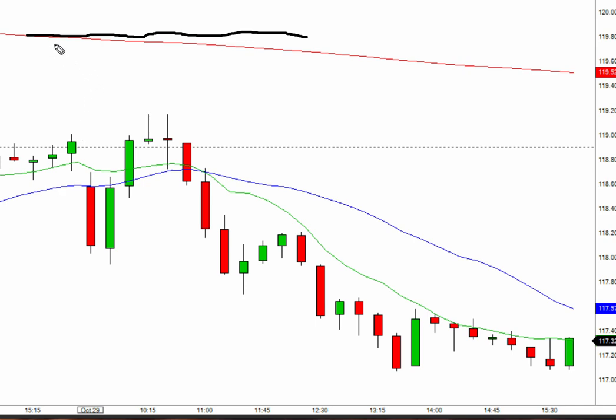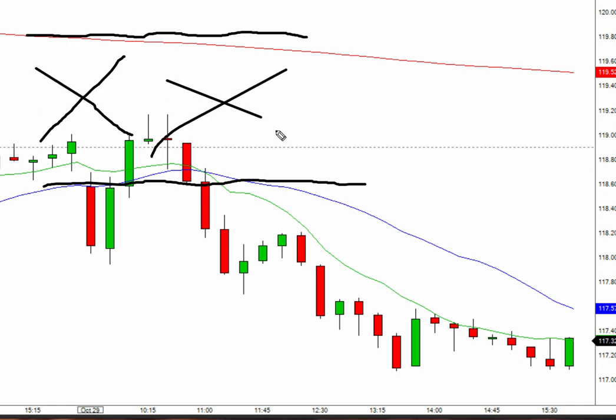Okay, so trading zone. Opening zone right here. Here is your 200 up there, here is your 20 down here. Okay. This is the zone. No trades are in the zone right here.